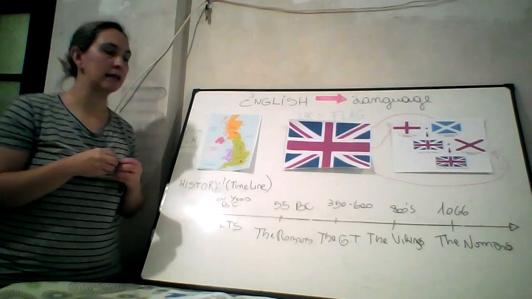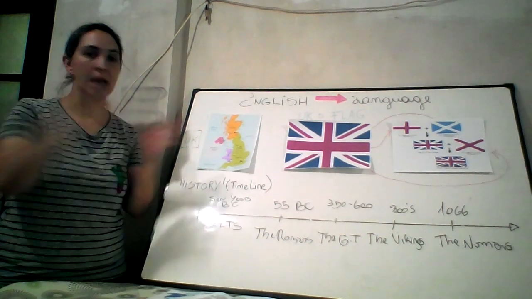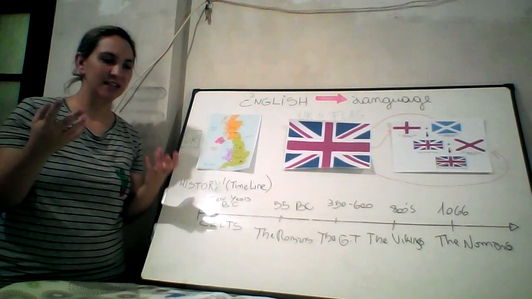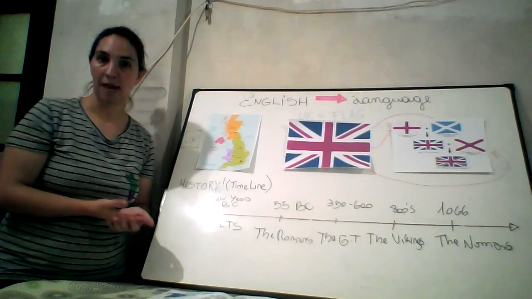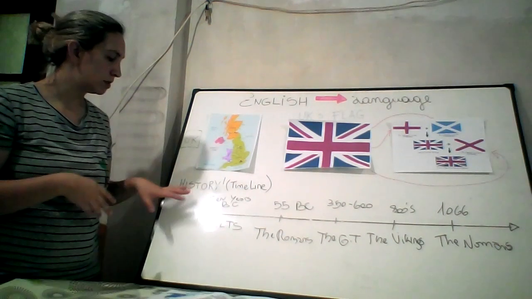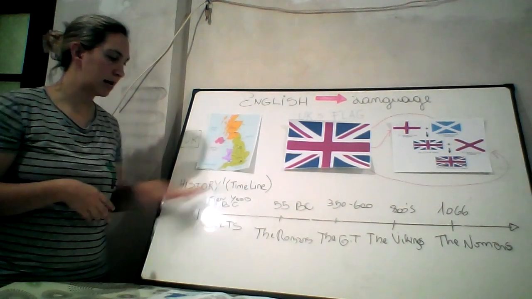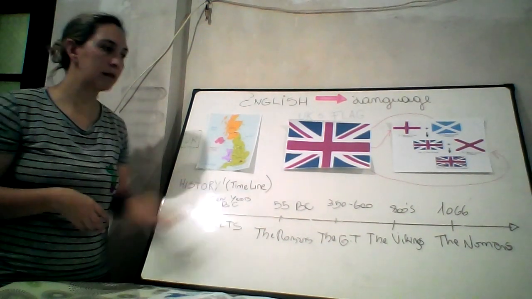So that's a little bit about geography. Now, as I am going to talk about English as a language, how did English become a language? So I am going to mention something about history. Here I have a timeline.